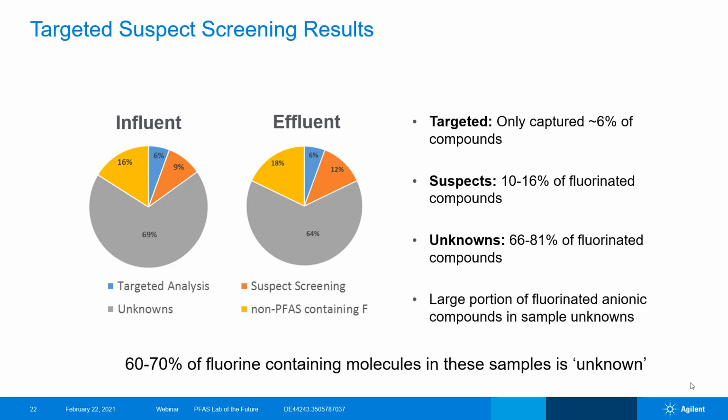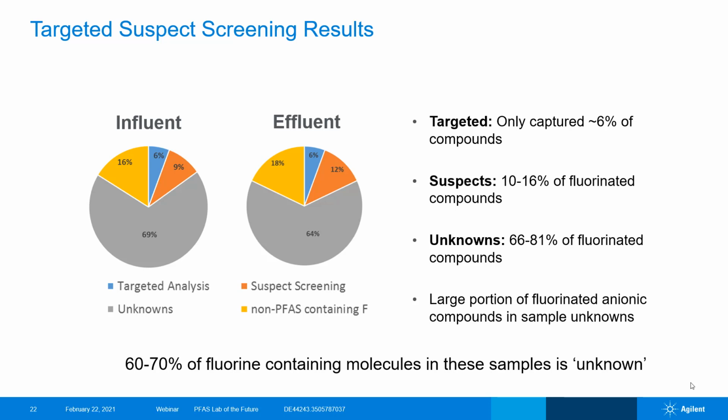Another 10 to 16% of the fluorinated compounds were identified through the databases that I talked about. So that itself is pretty much tripling the amount of PFAS that you can identify just using those databases that are available through vendors or other sources. But there's still about 60 to 80% of organic fluorinated compounds in these samples that we don't know what they are.